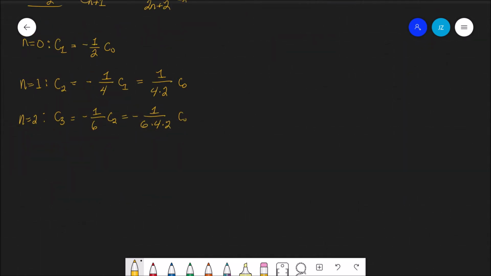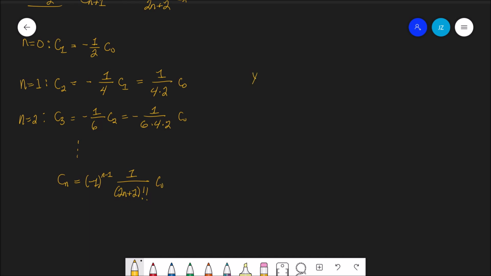So in general, c sub n is negative 1 to the n times 1 over 2n double factorial c naught.